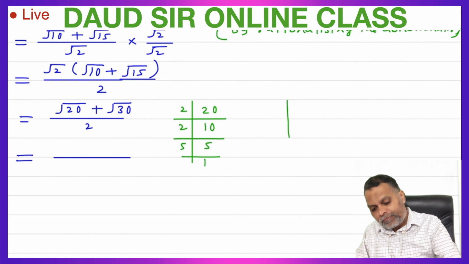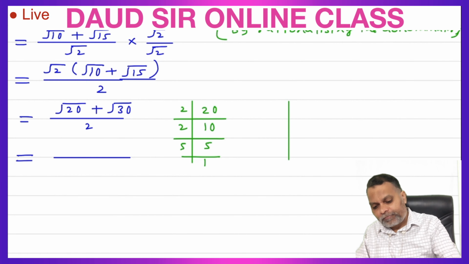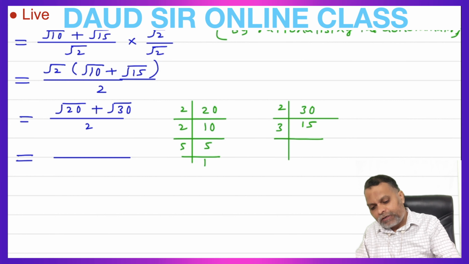And this root 30, dividing by 2, 2 1s are 2, 2 5s are 10, dividing by 3, 3 5s are 15 and 5 1s are 5.